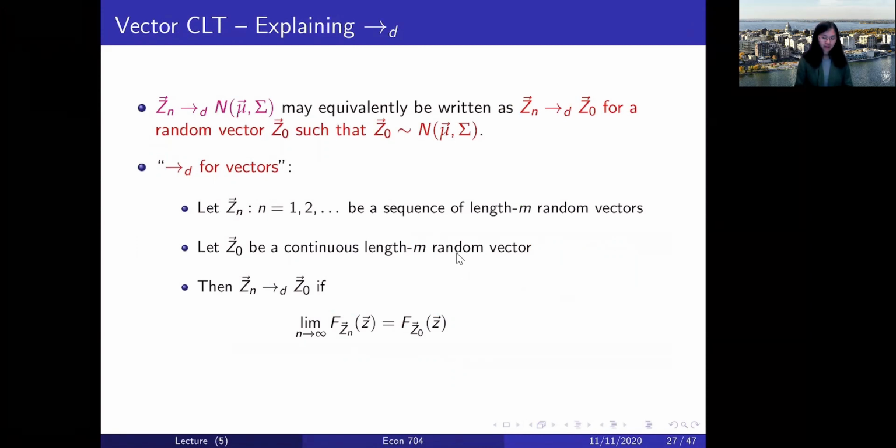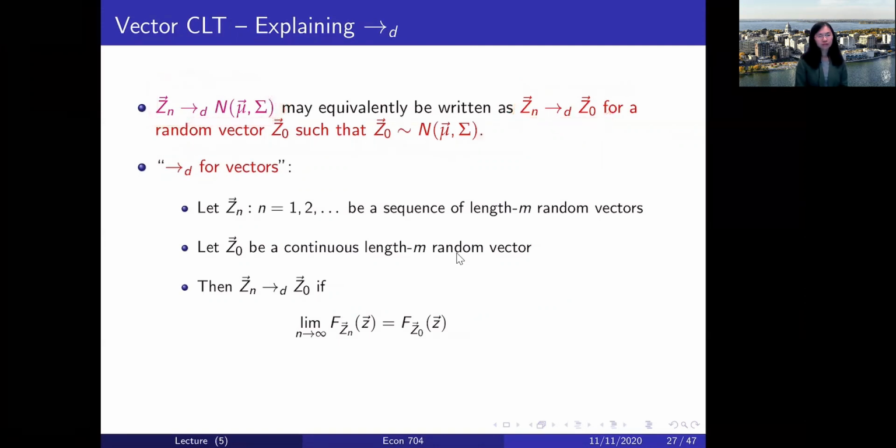So maybe a little bit of explanation is in order. The statement that the random vector Zn converges in distribution to normal with mean 0 and variance sigma can be equivalently written as Zn converges in distribution to Z naught, where Z naught is a normal random vector. So these two ways of writing the result are exactly equivalent.